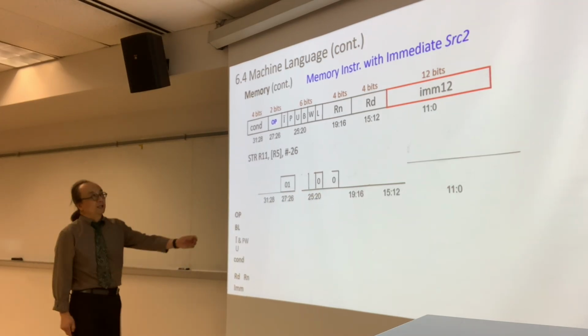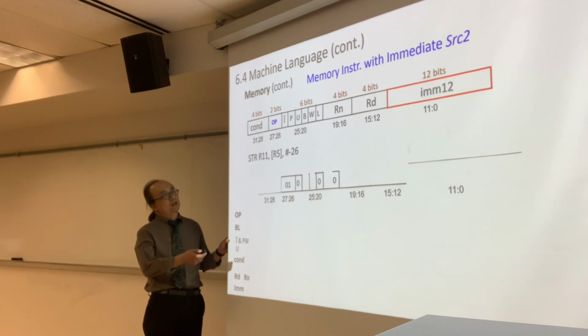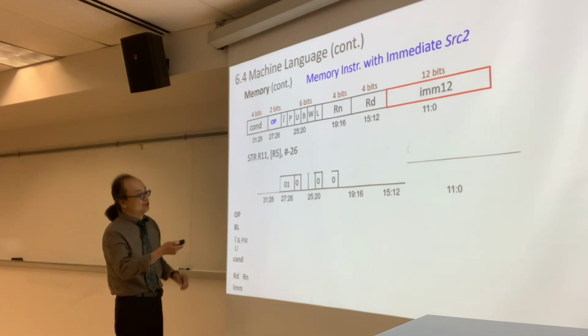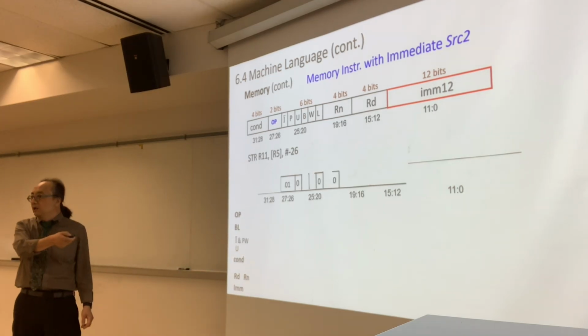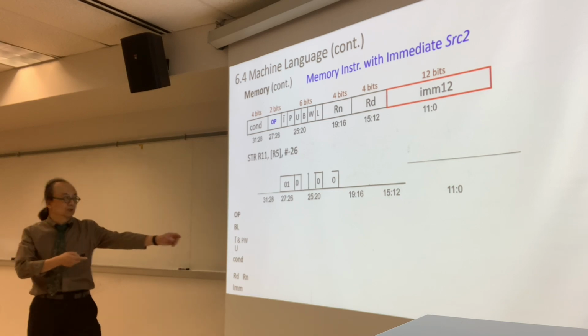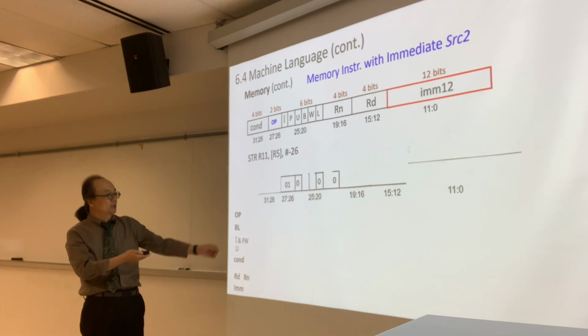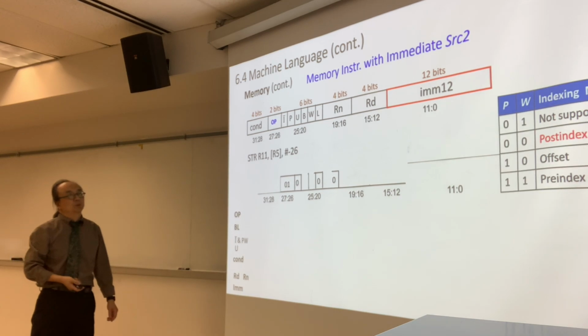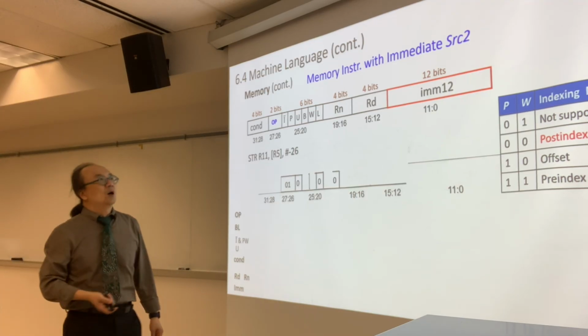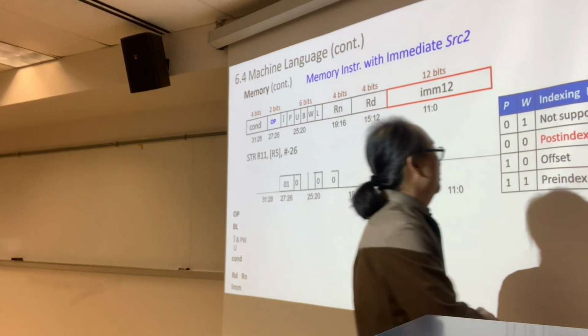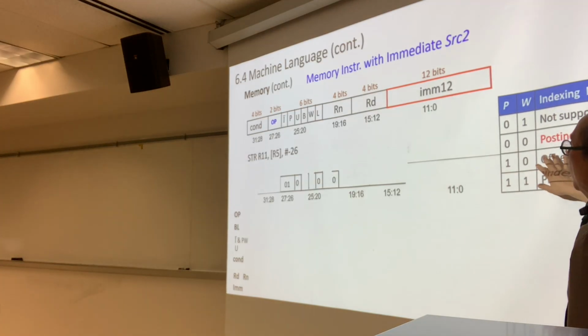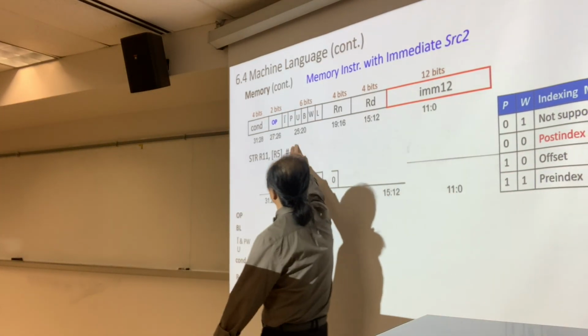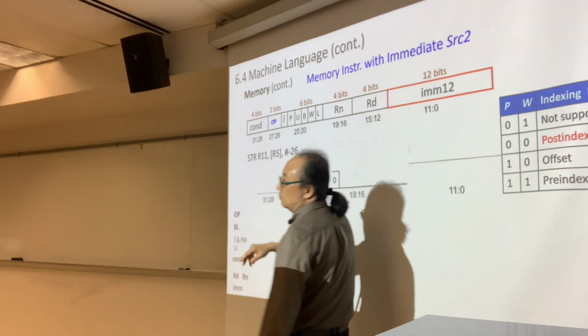We good? And then I bar, obviously, it's going to be 0. I is 1, therefore I bar is 0. That's what we have. And then PW, for the PW, we need to know post or pre or offset. Offset is just for bracket with those two numbers.